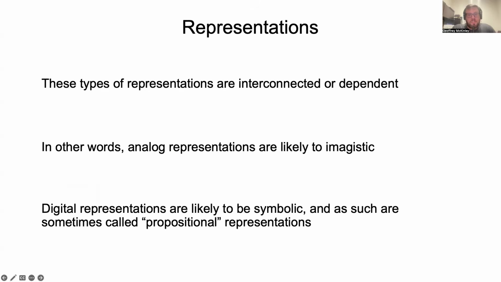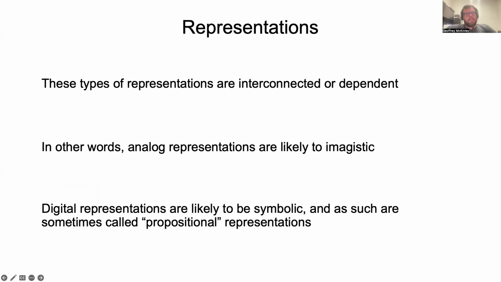You can imagine something that's concrete, whereas symbolic, digital, or propositional representations are considered to be more abstract because they represent information using arbitrary symbols that do not, like I said, resemble what the referent actually is, right? Whereas imagistic representations are considered to be concrete because they more closely resemble the referent.